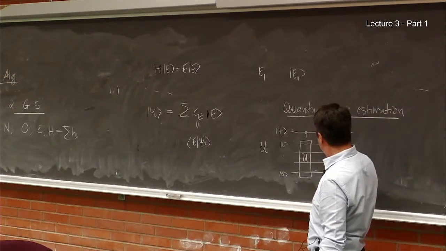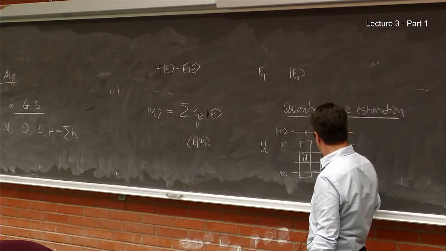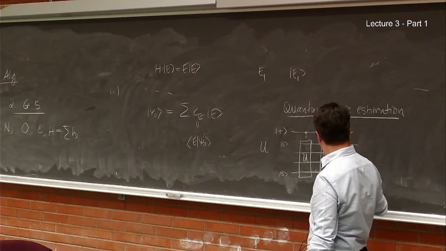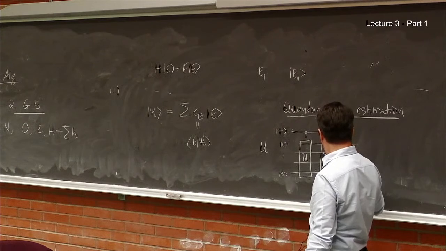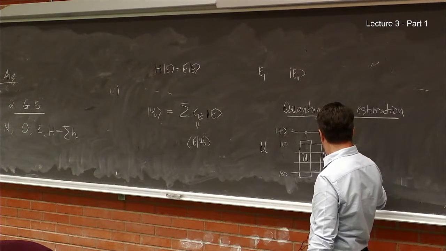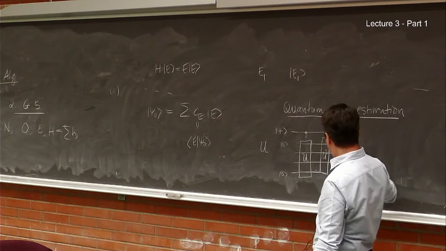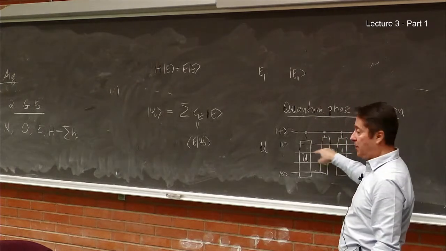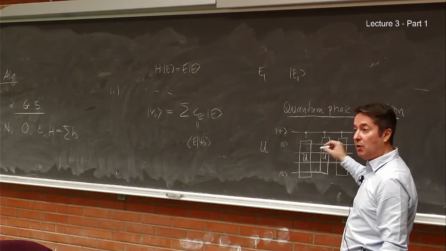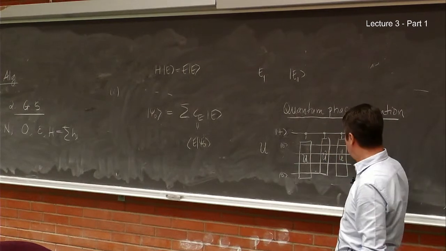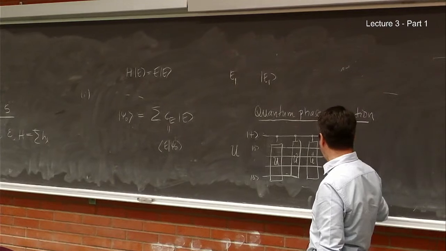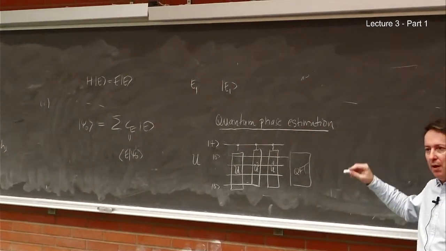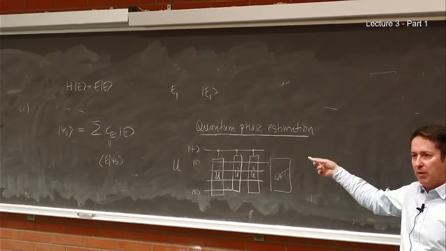Then you do control U squared. Then you do control U to the 4, and so on. And once you have done these things, then you have to do some Fourier transform. There is a quantum circuit called the quantum Fourier transform that can be efficiently done with a quantum computer, and do some measurements with that.